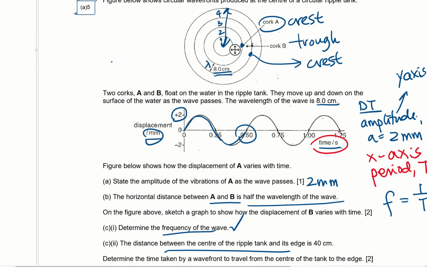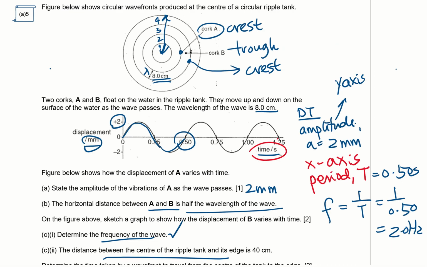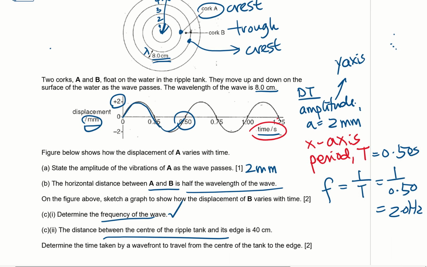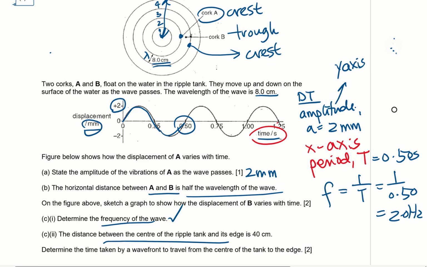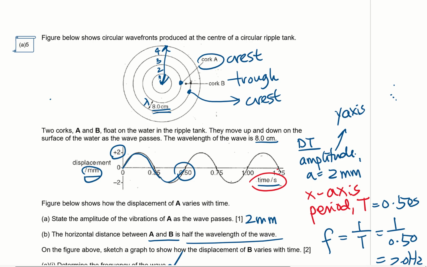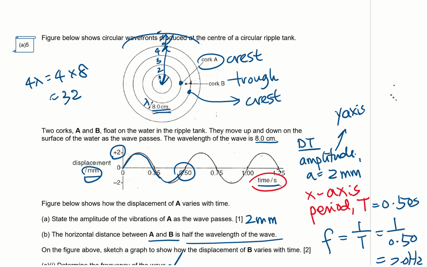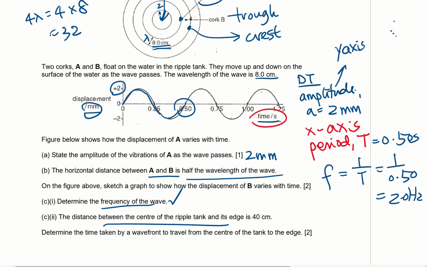The distance from center to edge is 40 cm. If the wavelength is 8 cm, I have 1, 2, 3, 4. 4 wavelengths equals 4 times 8, which is 32. That means I'm able to have one more wavelength here, one more wavefront. So 5 gaps, 5 times the wavelength of 8, gives me 40 cm.